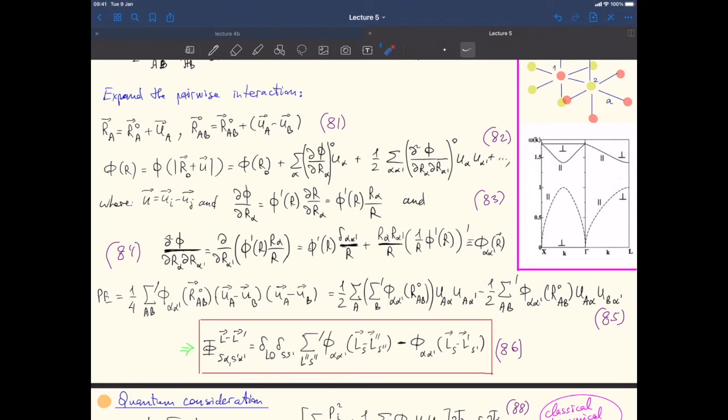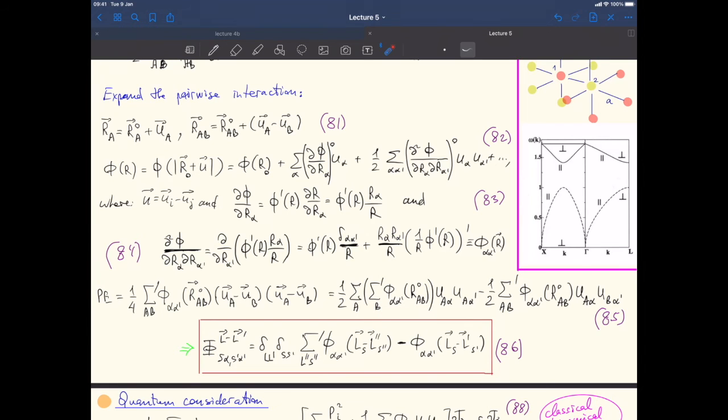So we have here a diagonal term with respect to atomic displacements. So that diagonal term would contribute this term here. So you see the L, this should be L prime, L prime. So there will be a diagonal term here for L equal L prime and S equal S prime, and it contains a sum over across the lattice of this type.